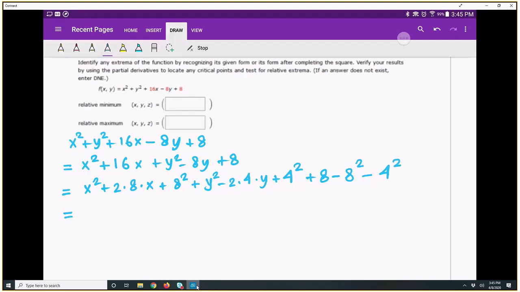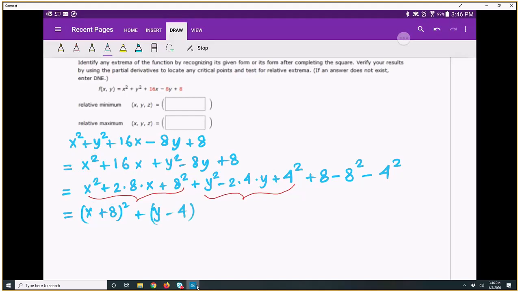So I get, remember the first 3 terms altogether is the triplet for the completion of the square, and I call this x plus 8 whole to the power 2. And similarly, y squared minus 2 times 4 times y plus 4 squared is y minus 4 whole to the power 2.